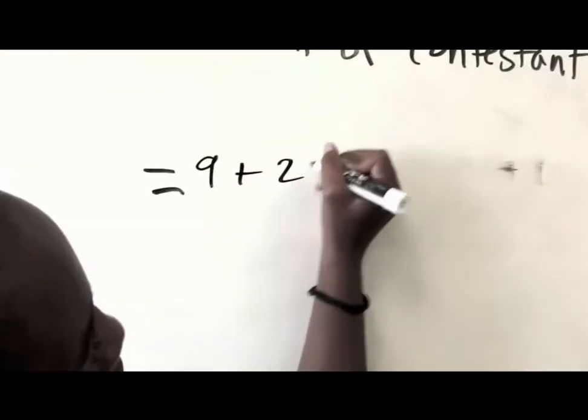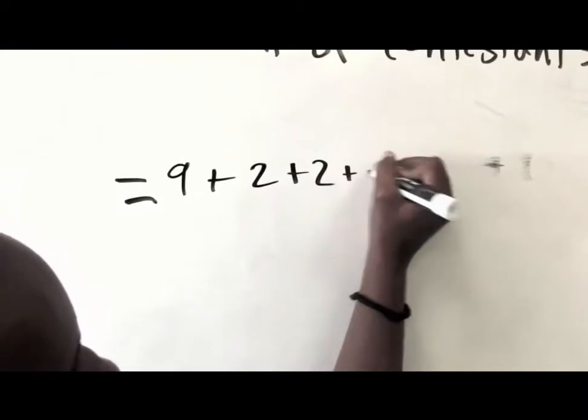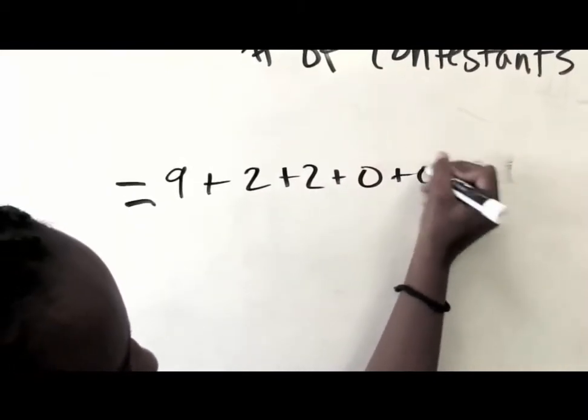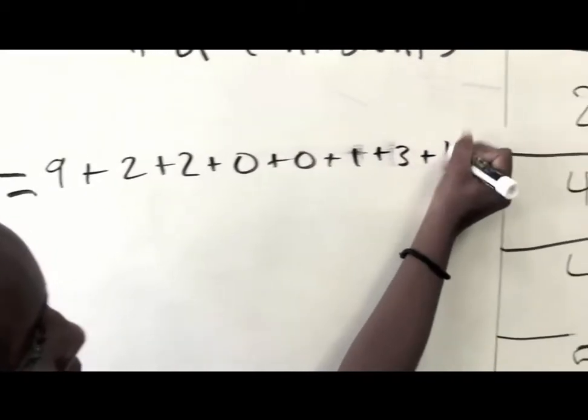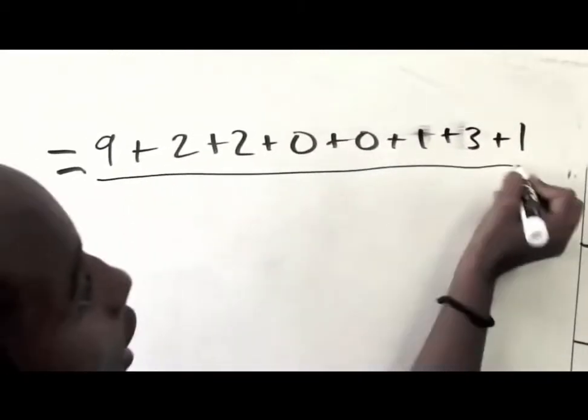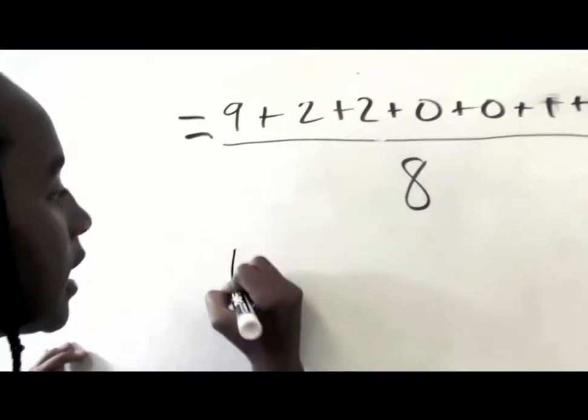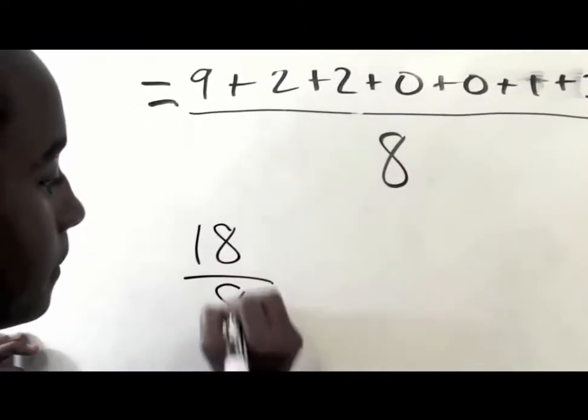So let's add up all the deviation and divide it by the number of contestants. That's 18 divided by 8.